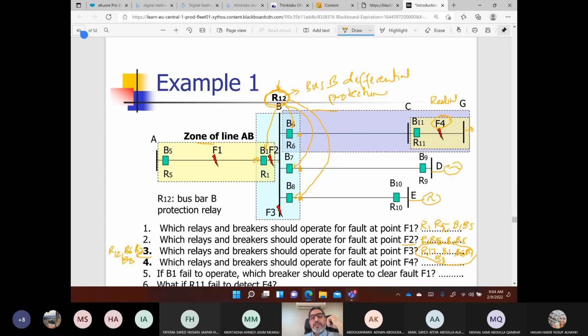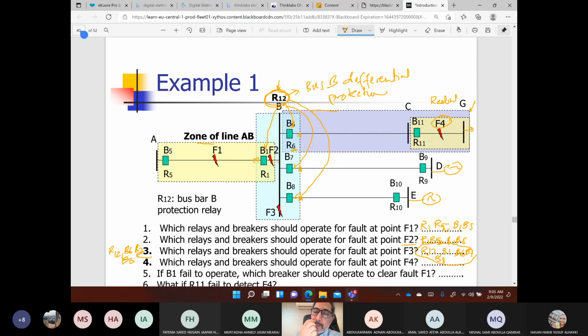Okay, what does this mean? It means that relay 6 can detect faults up to this point. Any faults here or here or here or here can be detected by this.